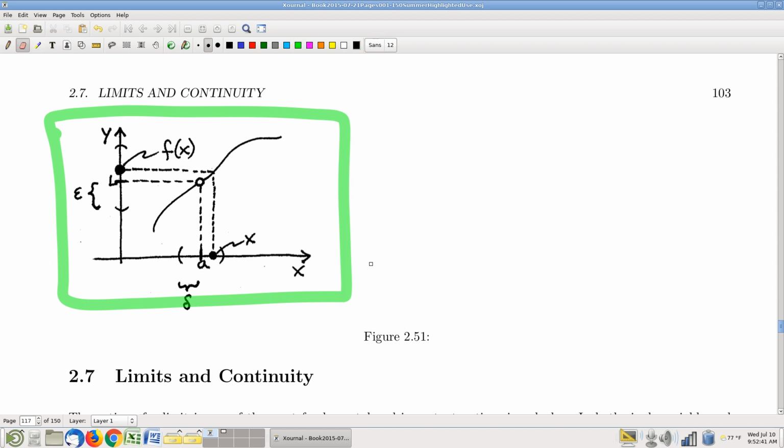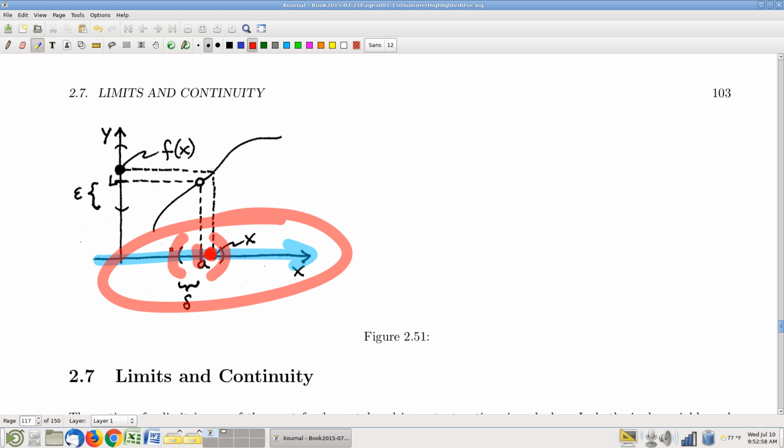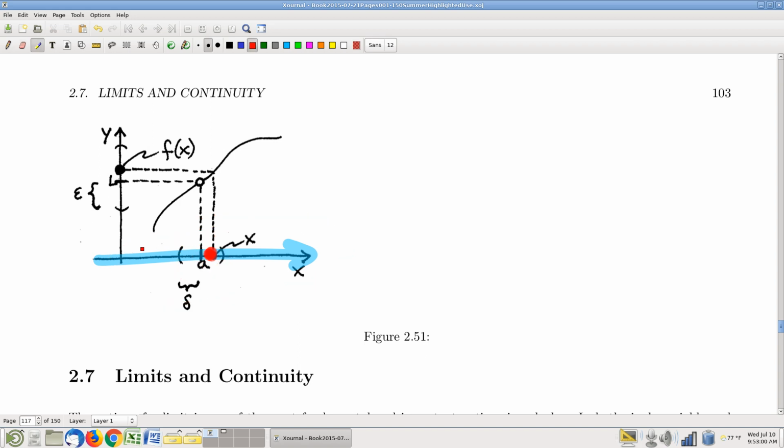So let me now separate this picture into its pieces. On the one hand, there's the x-axis, and there's stuff that's happening on the x-axis. There's the point a. There's the interval of radius delta. There's this chosen value of x somewhere in there. And likewise, there's a bunch of stuff happening on the y-axis.